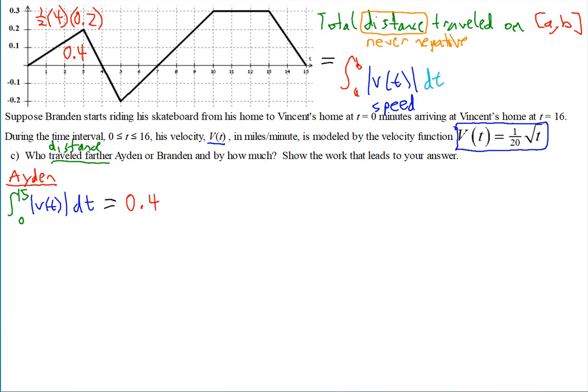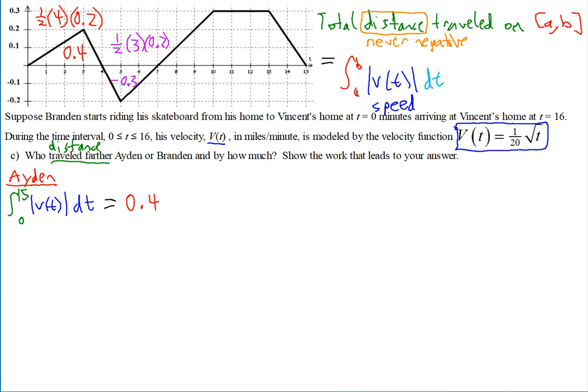Then let's take a look at this triangle right here. So for this triangle, it's 1/2 the base is 3, and the height is 0.2. So here it's probably easiest to do half of 0.2 instead of half of 3. Half of 0.2 is 0.1. 0.1 times 3 is 0.3, but it's below the x-axis, so it's negative 0.3.